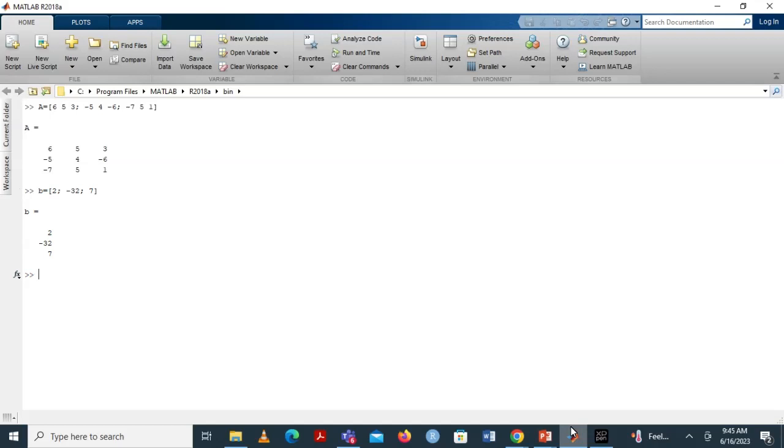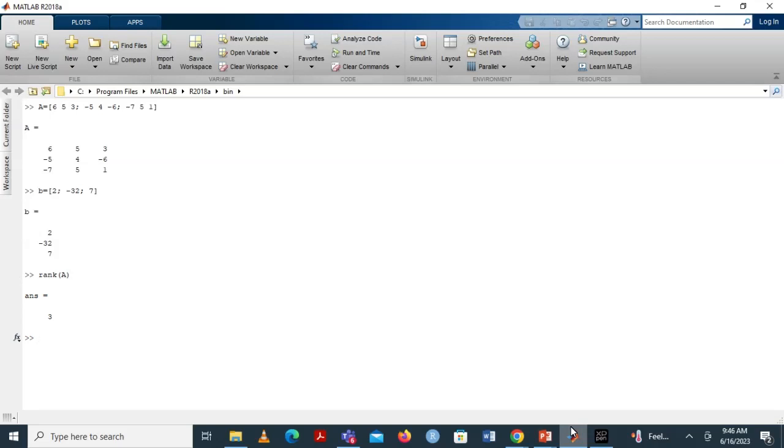So now let's find the rank of A. So I will use a command called rank, R-A-N-K, rank, into bracket A, and I'll press enter. So the rank of A is 3.